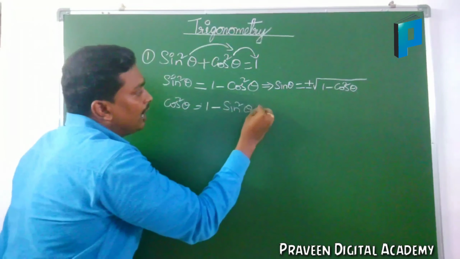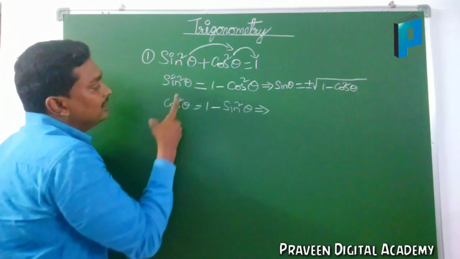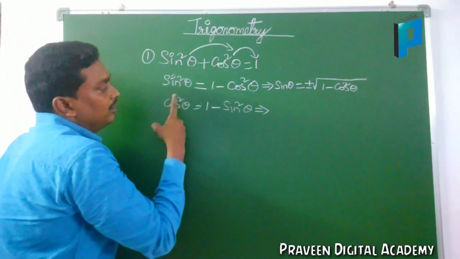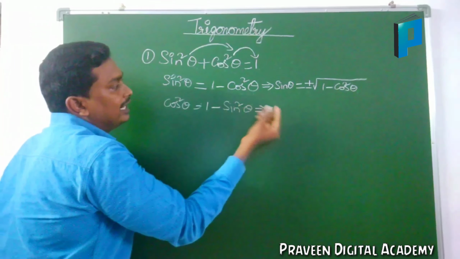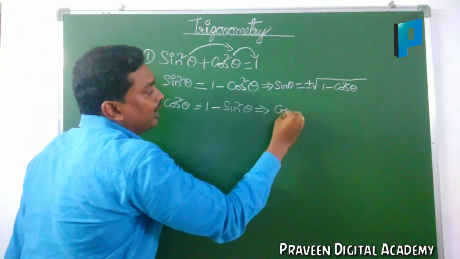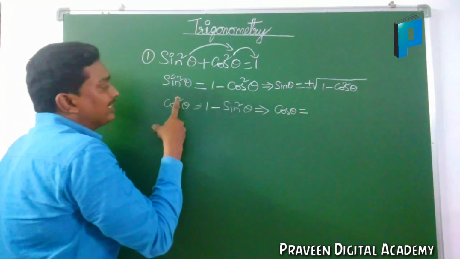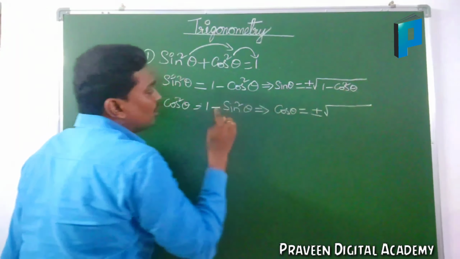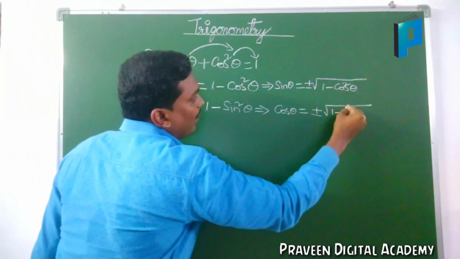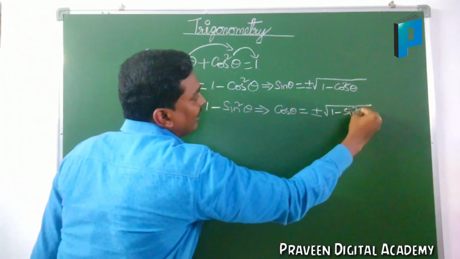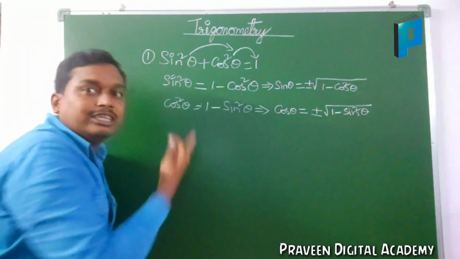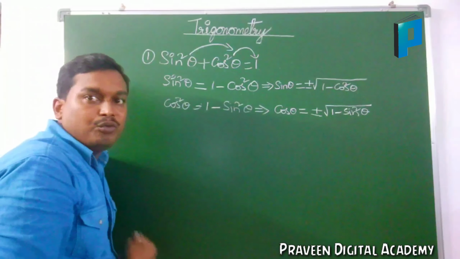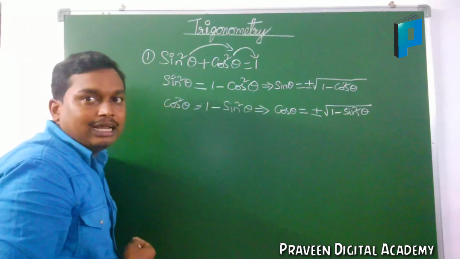Now send the square to the other side, and it becomes under root. So cos theta is equal to plus or minus under root of 1 minus sin square theta. This is the identity which we will use regularly.